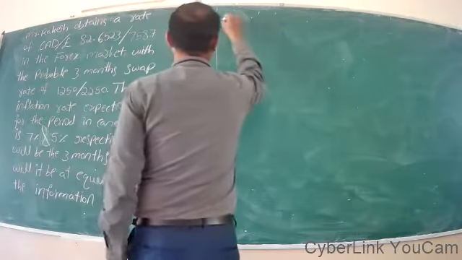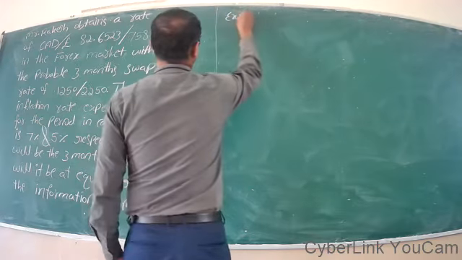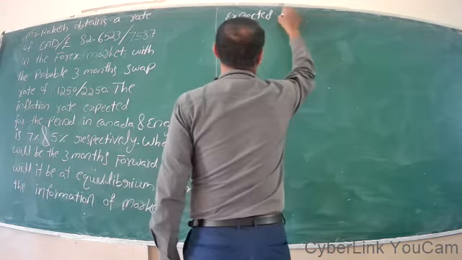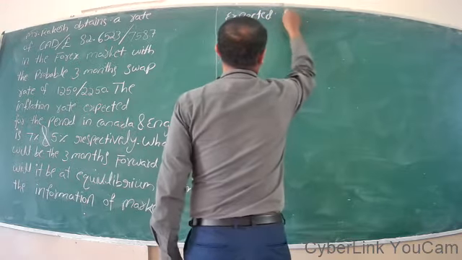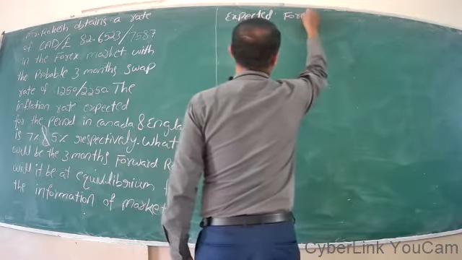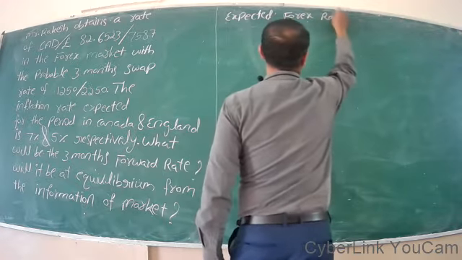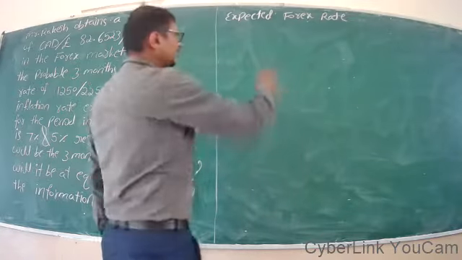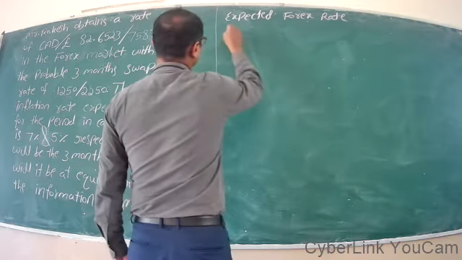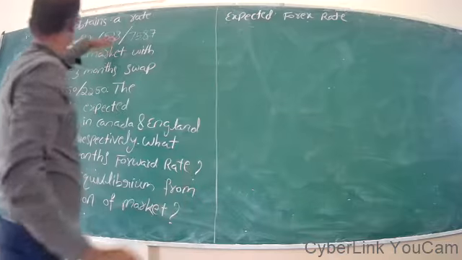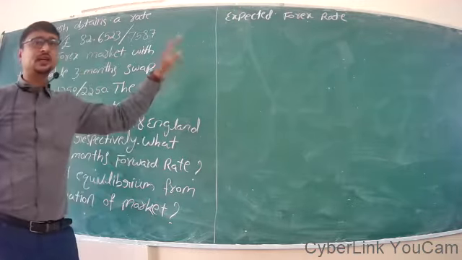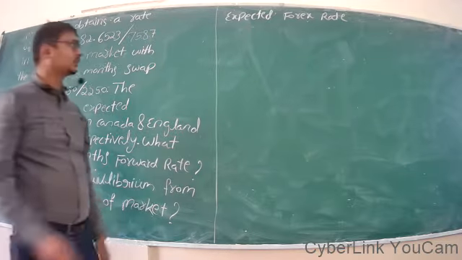So to calculate the expected foreign exchange rate or new exchange rate, since it is the two-way quotation, we have to calculate the new exchange rate for both bid and ask.